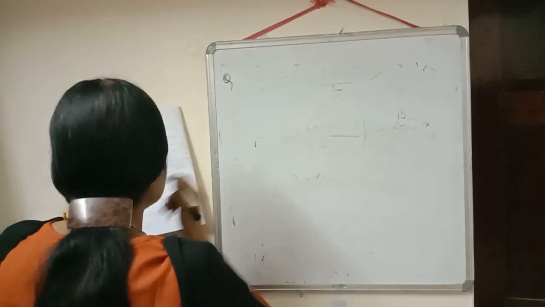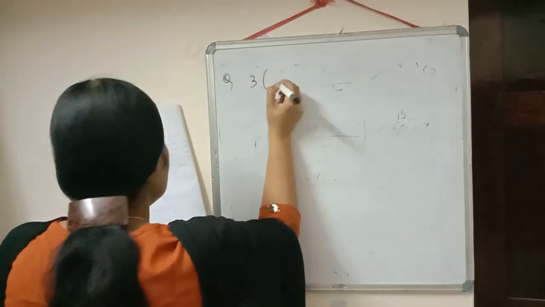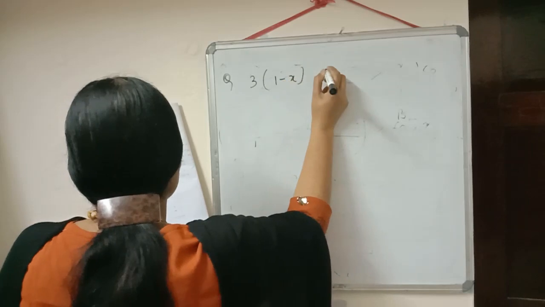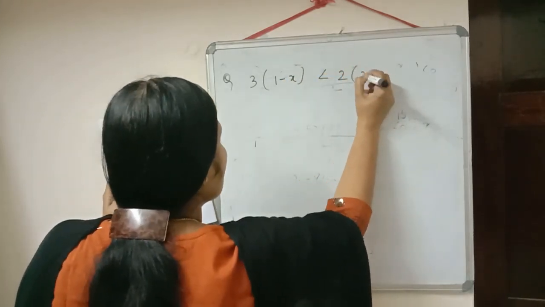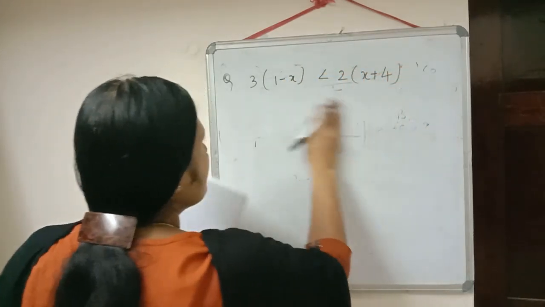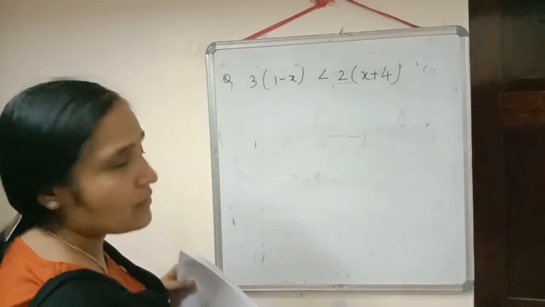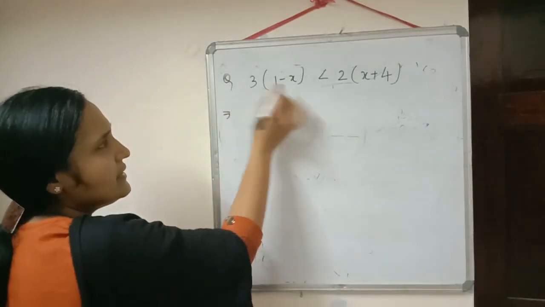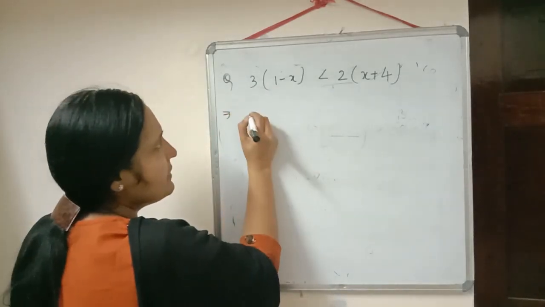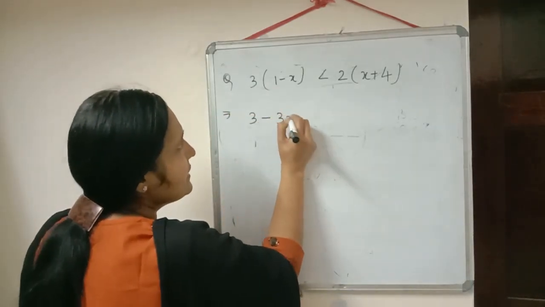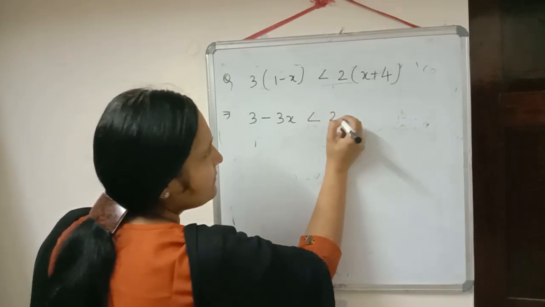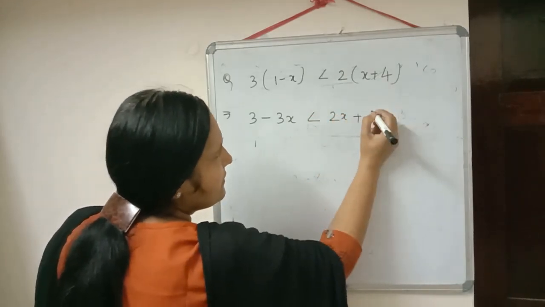Next question is 3 into (1 minus x) less than 2 into (x plus 4). So first what we will do? We will just do the multiplication. Then it will be 3 minus 3x less than 2x plus 8.